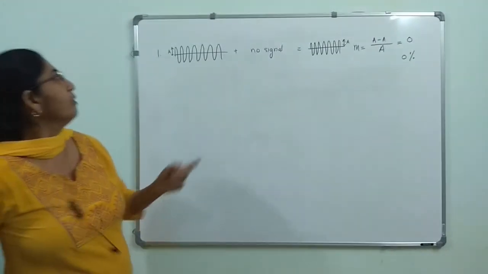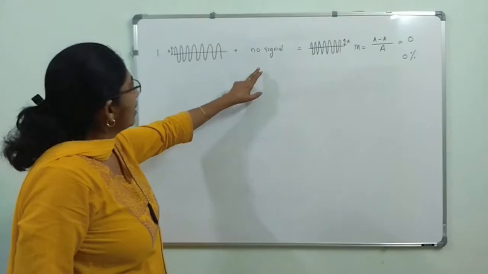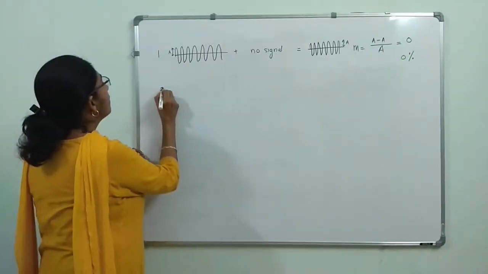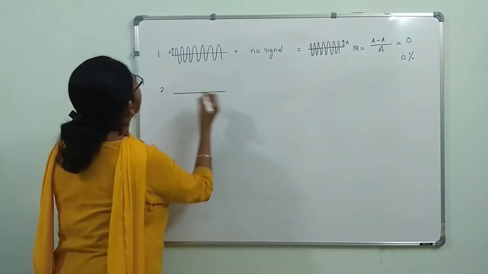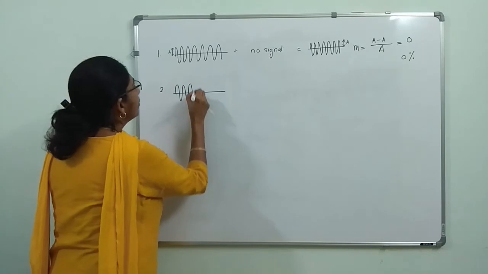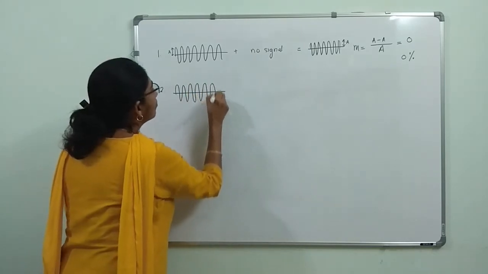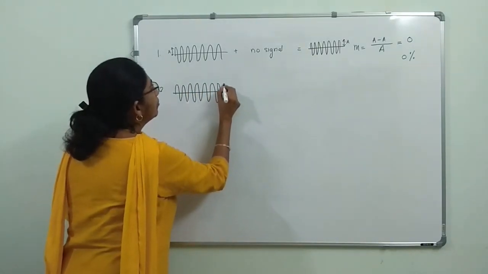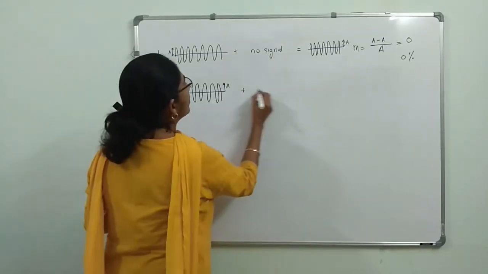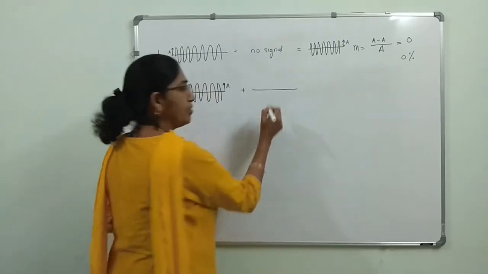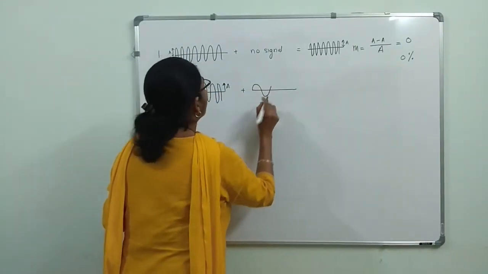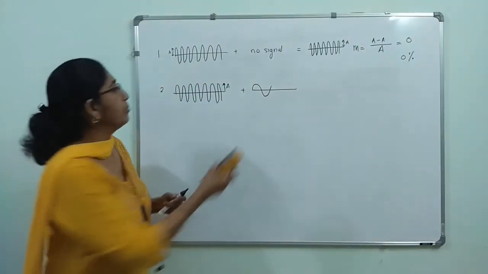Now let us take the case of a signal which has got the same amplitude as our carrier wave. This is the carrier wave of amplitude A plus a signal which is of a lower frequency, but I'm going to keep the amplitude same.